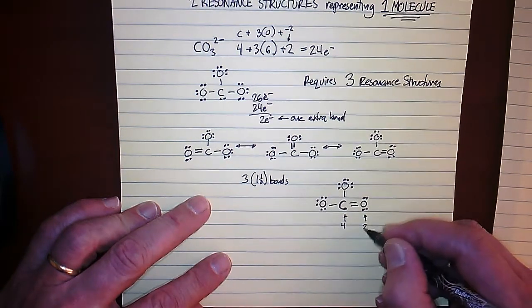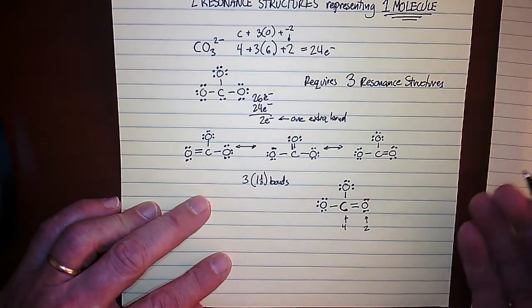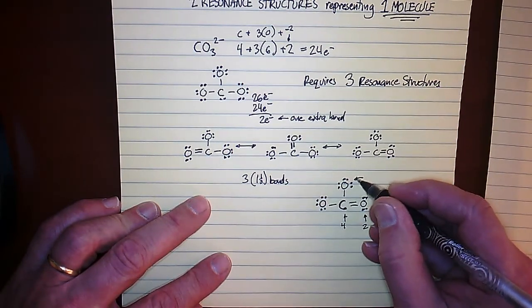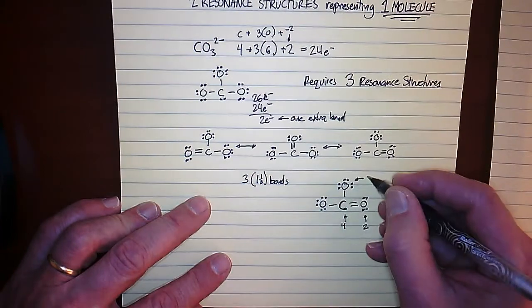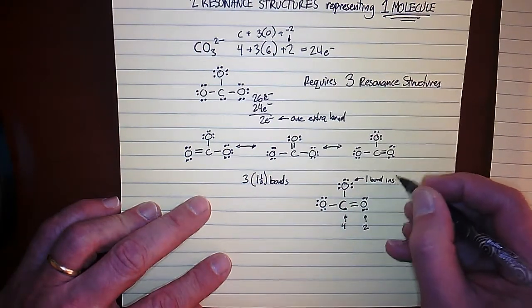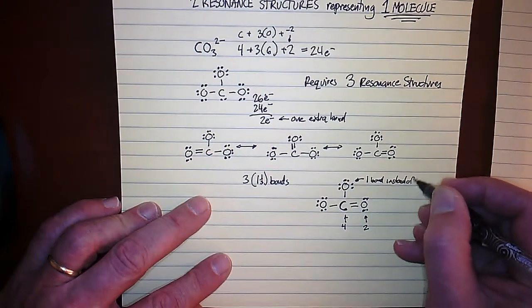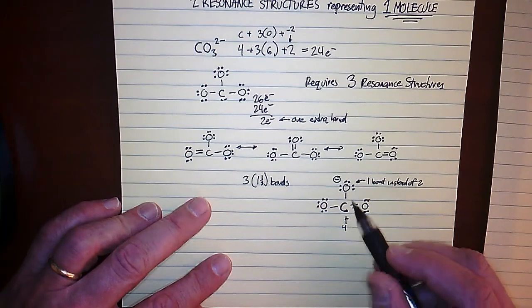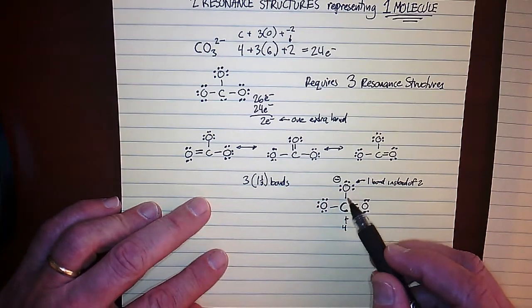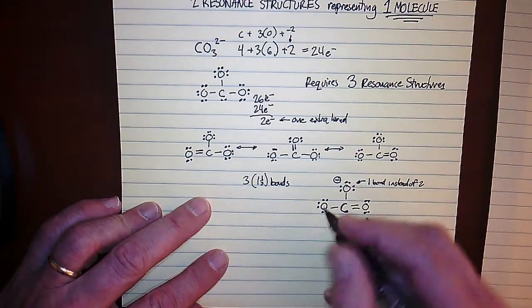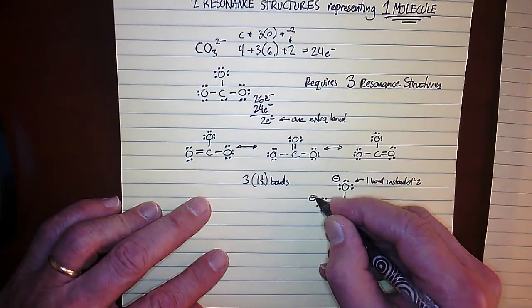This oxygen has 2 bonds, but oxygen takes 2 bonds normally, so that's a charge of 0. But this oxygen has 1 too few bonds, and so it has only 1 bond instead of 2. And so this guy is going to have a negative charge, right? And we can do that because it'll be 6 minus half of 2, right? And you can actually do the calculations. So this oxygen will also have a formal charge of -1.